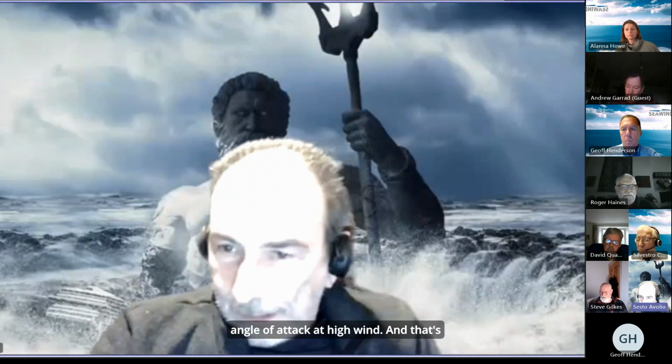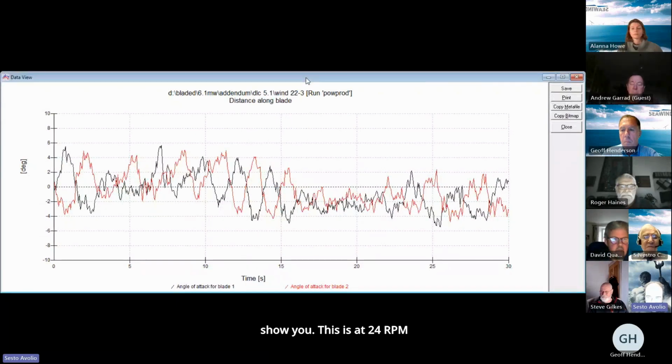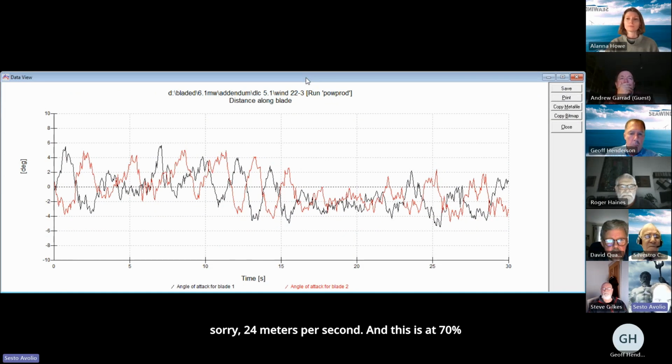Yeah, I wanted to add a couple of things. First of all, an answer specific about the angle of attack at high wind. Let me see if I can show you. This is at 24 RPM, at 24 meters per second, and this is at 70% blade station.